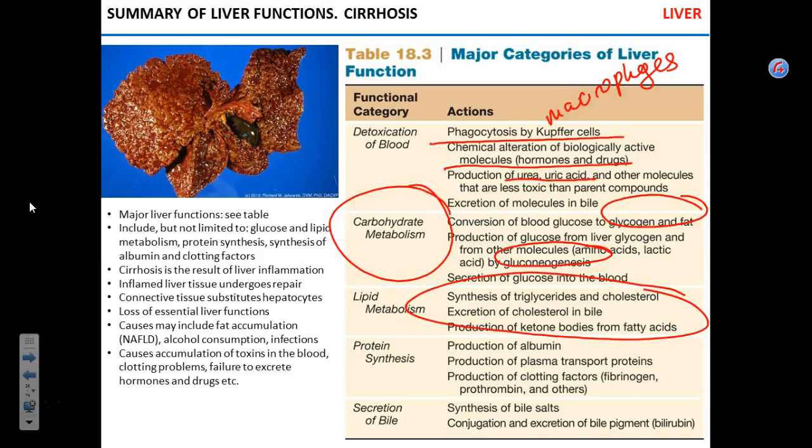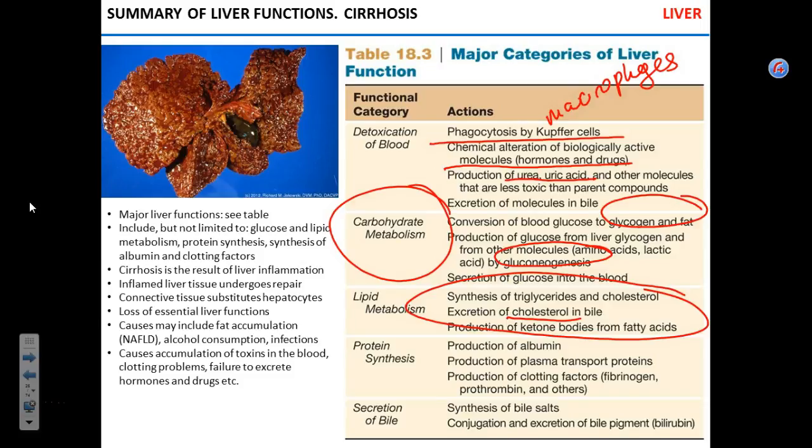Lipid metabolism. Liver produces fat, triglycerides. Liver produces cholesterol. Liver excretes cholesterol. And during extreme fasting or extremely low carbohydrate diet, liver produces ketone bodies.